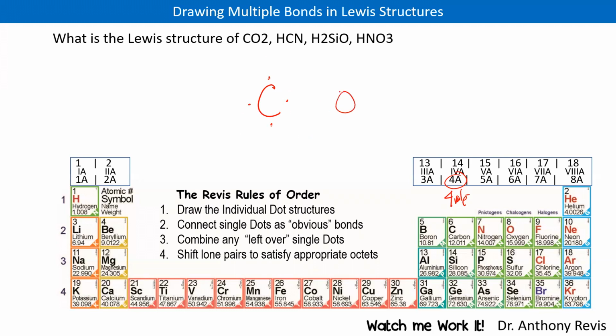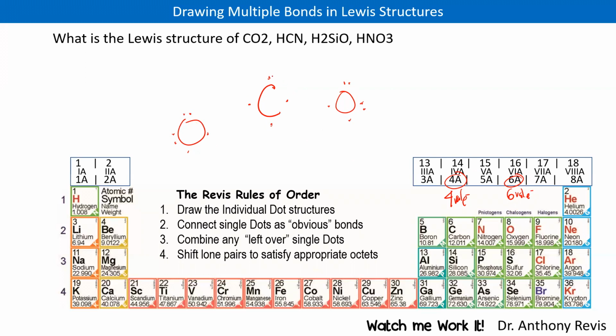We have oxygen, which has 6 valence electrons because it's in group 6A. We draw 1, 2, 3, 4, 5, 6. I'm going to naturally group this on the other side because it looks obvious that this is going to be distributed about the carbon.